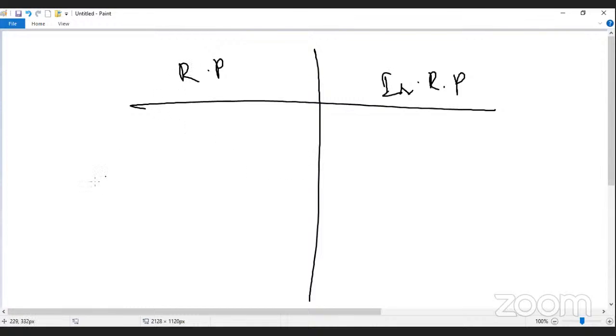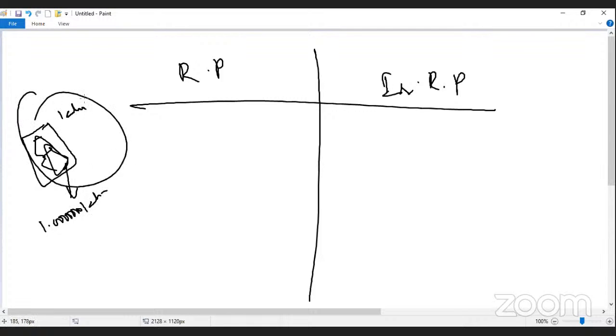Now, when you study any reversible process, take the same example. Let's say there is a gas in a cylinder. This gas has 1.0000001 atmosphere and the outside pressure in the universe is 1 atmosphere. Therefore, the piston has to move in the upward direction, but with very slow speed.